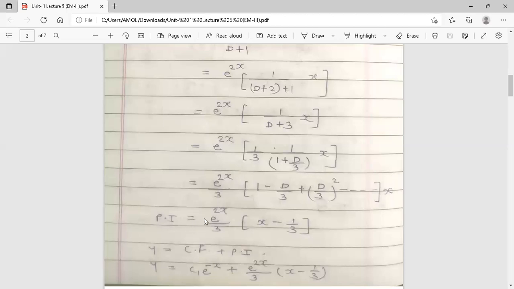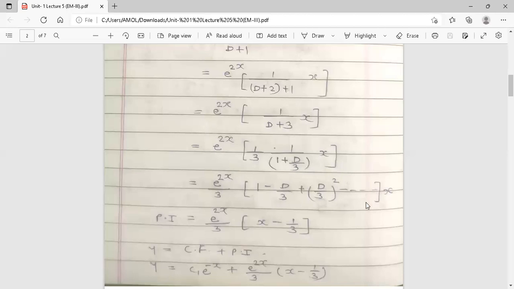So the next step is, particular integral PI is equal to e raised to 2x by 3 as it is. In bracket, you count the terms up to D, means you consider only first two terms, 1 minus D by 3, because from the third term you are getting 0. D by 3 whole square means D square by 9. D square means second derivative of x, and it is 0. Third derivative is 0. So you count only first two terms.